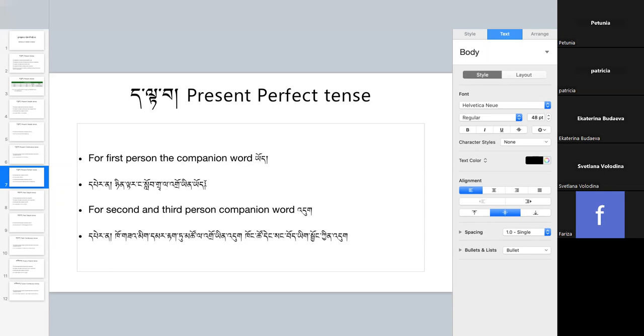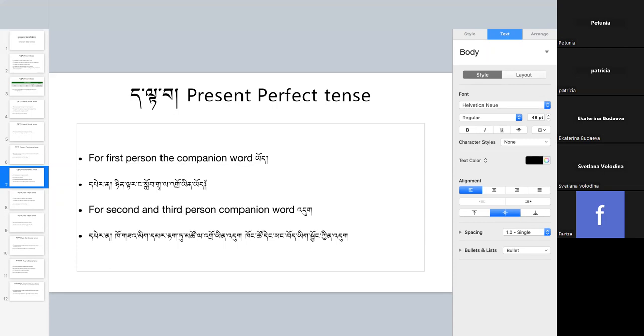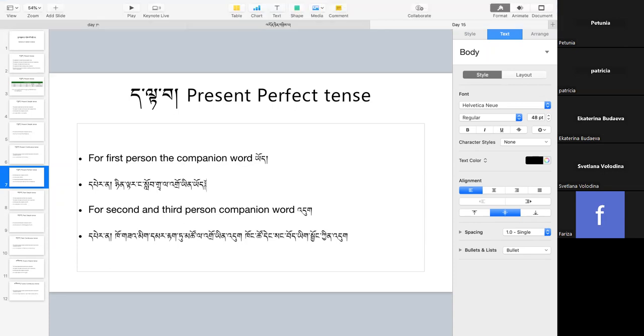So therefore, we see that there are these two variations. One, the companion word, only for the variation of the same tenses, but different cases. And the action word, which is for the variation of the different tenses.